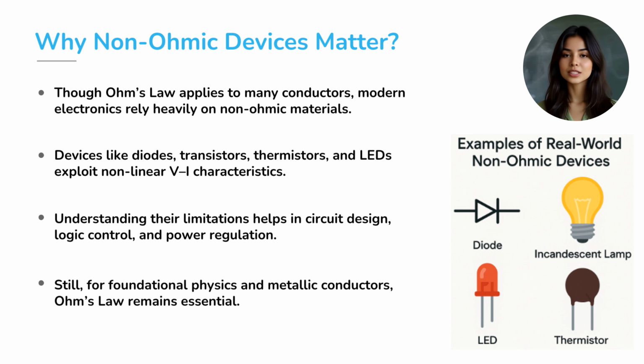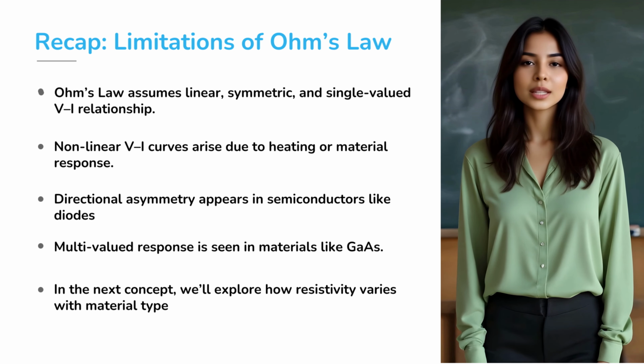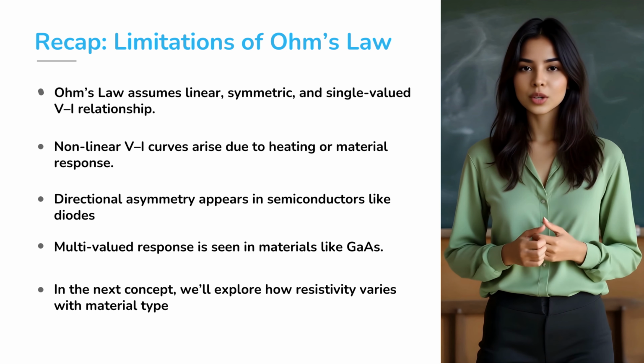Understanding these limitations helps engineers design circuits that are smarter, more efficient, and more adaptable. Think of it this way: while Ohm's law helps us understand the basics, breaking the law opens up possibilities in advanced technology.